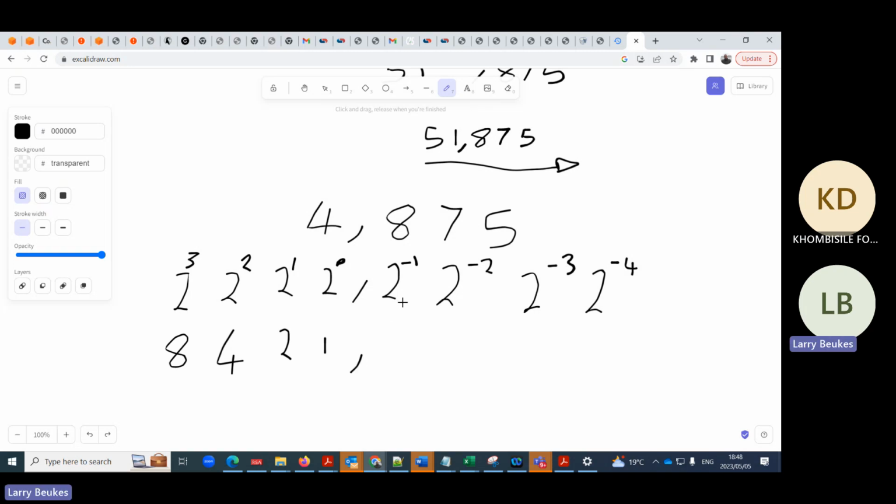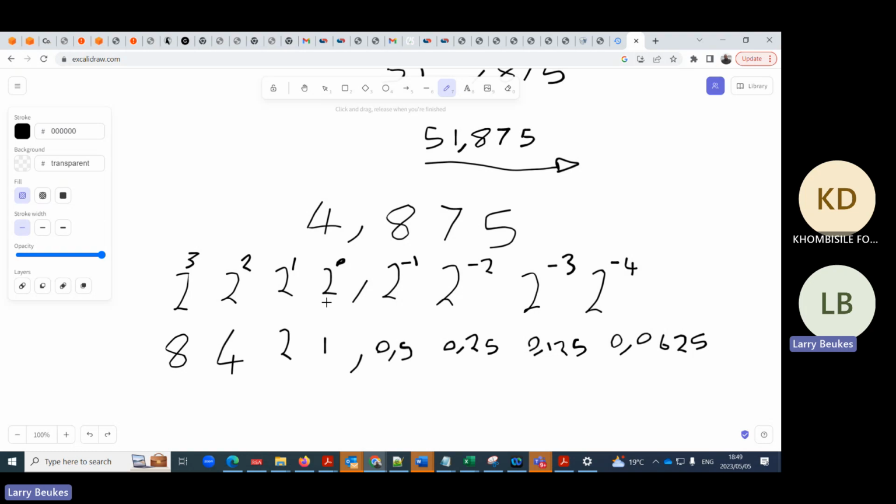Then here we know this is 0.5, then this is 0.25, then this is 0.125, and then this will be 0.0625.